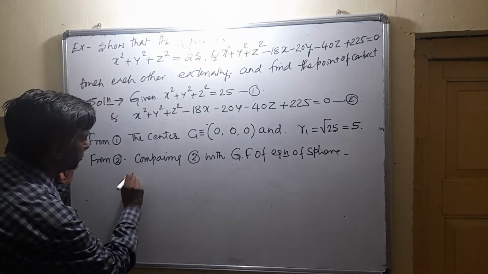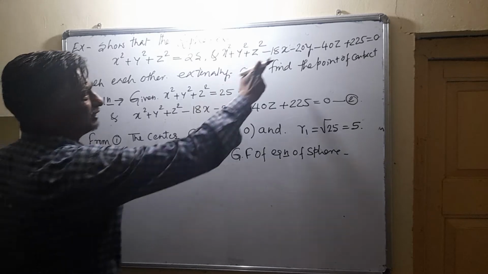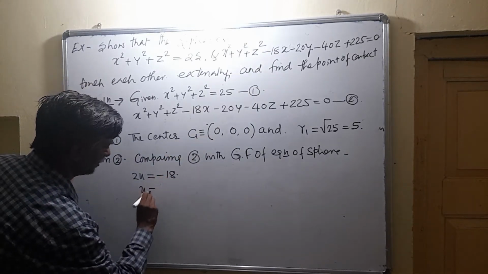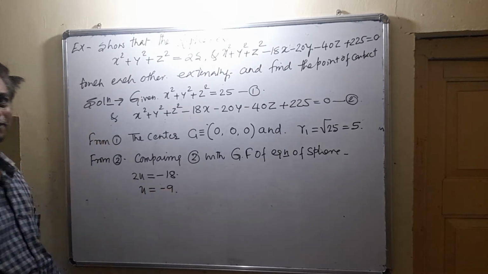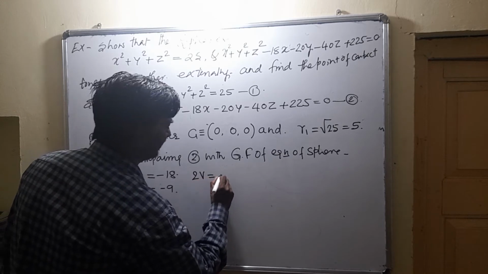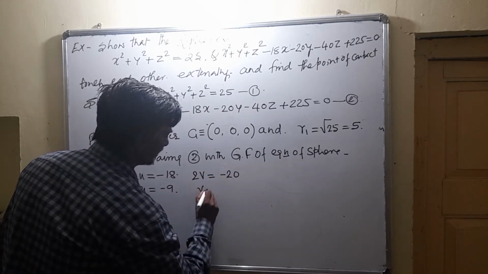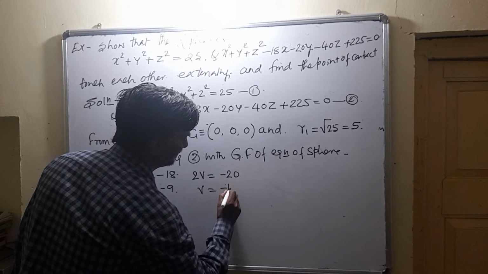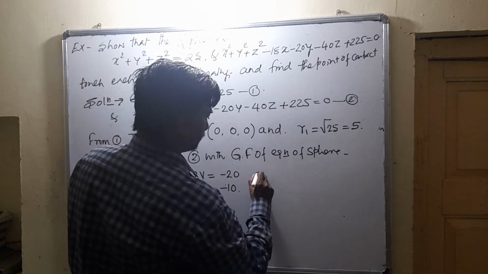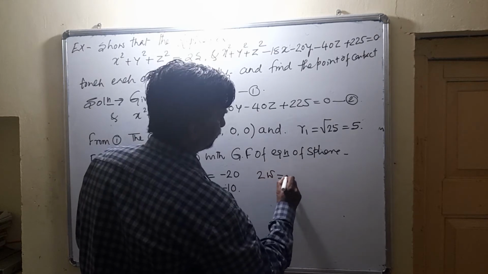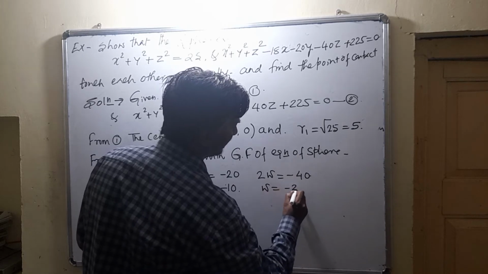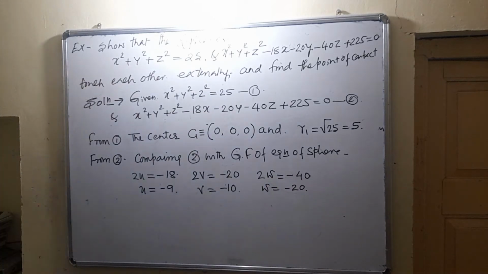Directly, 2u equal to minus 18, so u equal to minus 9. 2v equal to minus 24, so v equal to minus 12. 2w equal to minus 40, so w equal to minus 20. Is it right?